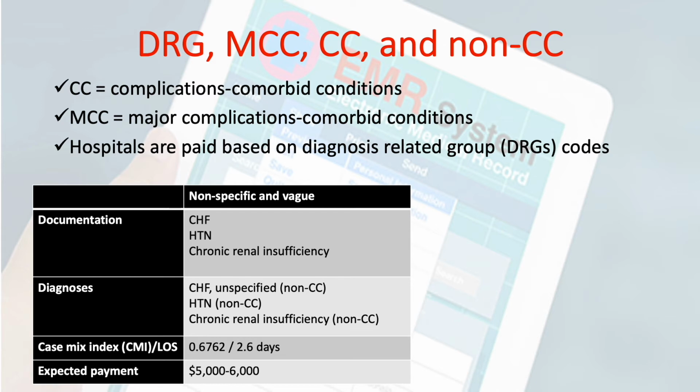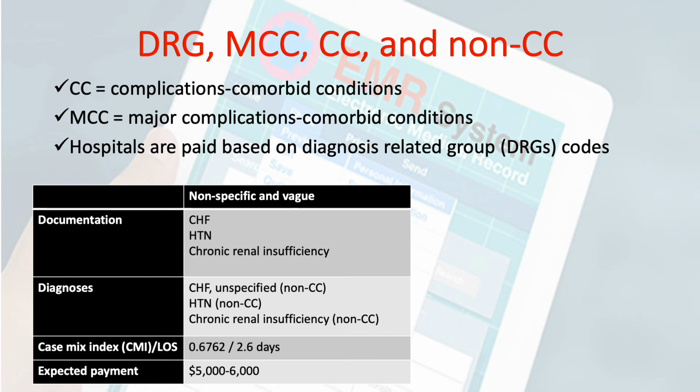Medicare and the government use this not just for reimbursement but also for allocation of resources, so that hospitals taking care of more and more patients with higher CMI should receive more support and more reimbursement because they're taking care of sicker patients.